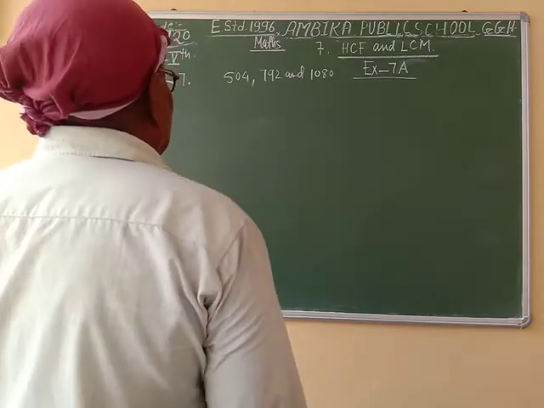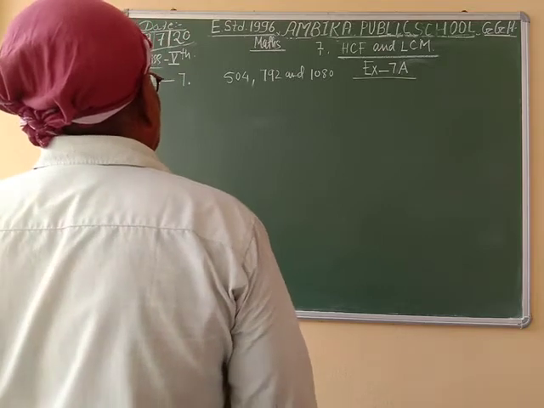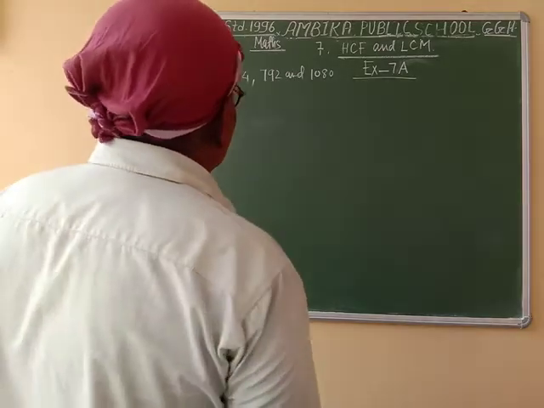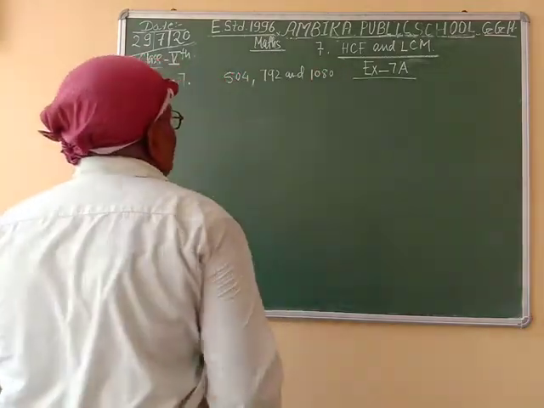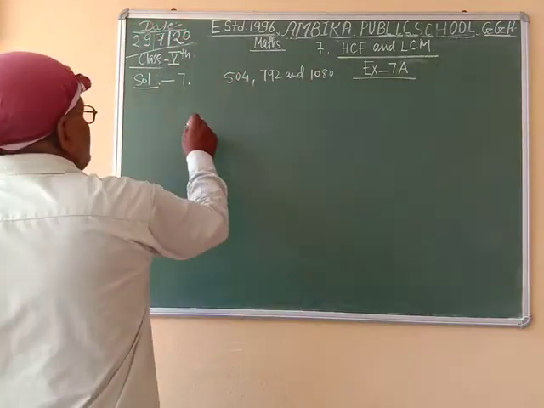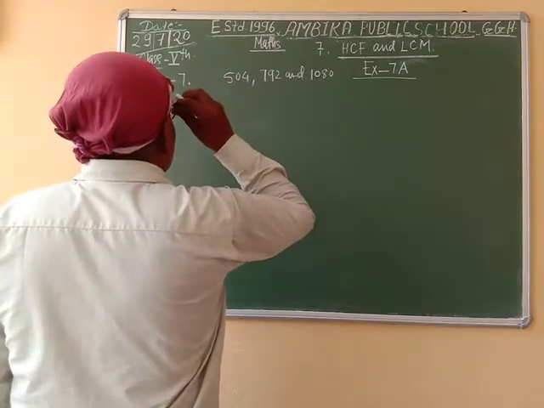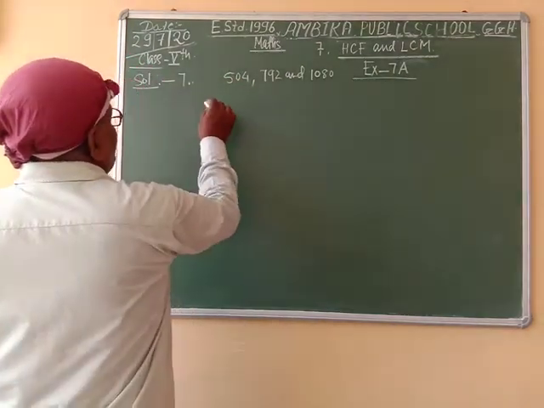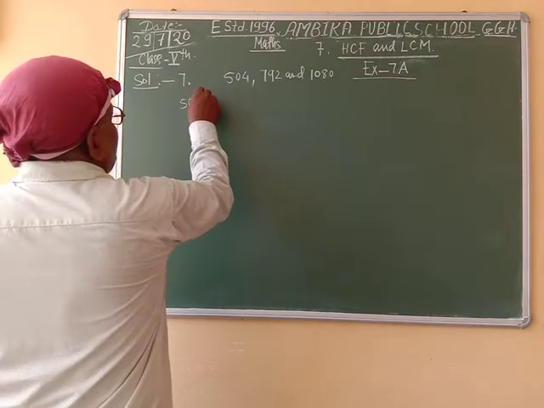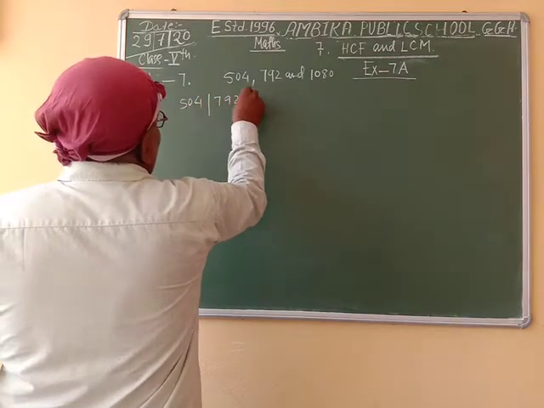After that, the HCF of that HCF and the third number will be the required HCF, the factor of the given numbers. So first of all, we find the HCF of the two numbers 504 and 792.